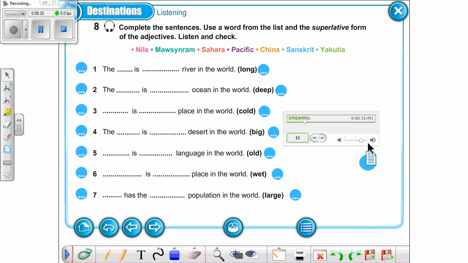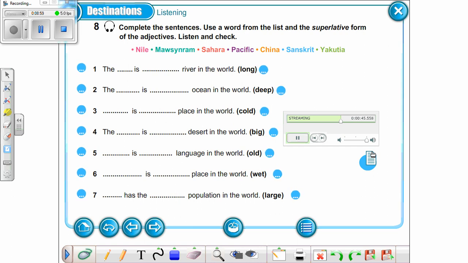Welcome to the show. This is the speed round of the game. I will ask Mark to answer as many of these questions as possible. Mark, are you ready? Yes, Bill, I'm ready. Okay. Name the longest river in the world. The Nile. Yes. What is the deepest ocean in the world? The Pacific. Name the coldest place on Earth. I don't know. Yakutia. What is the biggest desert?